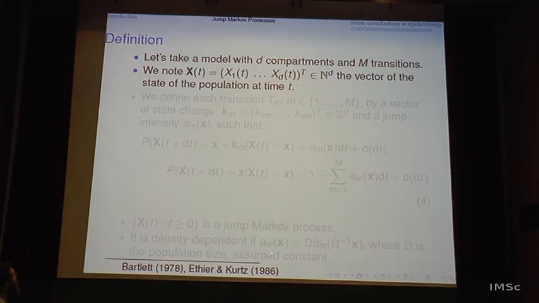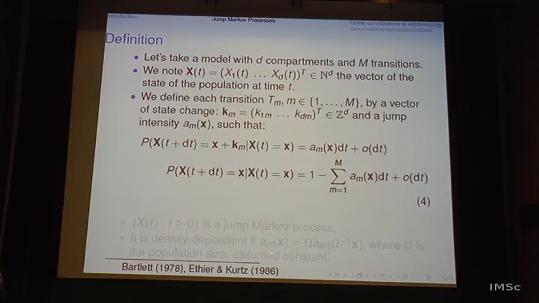So let's say you have D compartments and M transitions, whatever you want. You're gonna define the vector of the states X, of length D. So that's the vector of the state of the population at time t. And for each transition, indexed m, with m varying from 1 to capital M, the number of all the transitions.